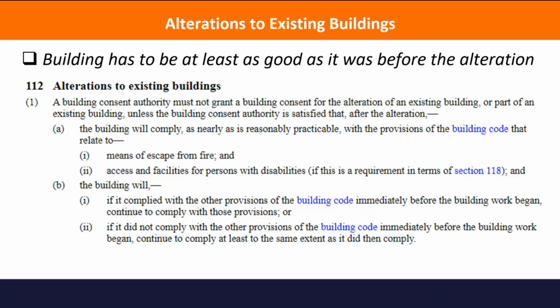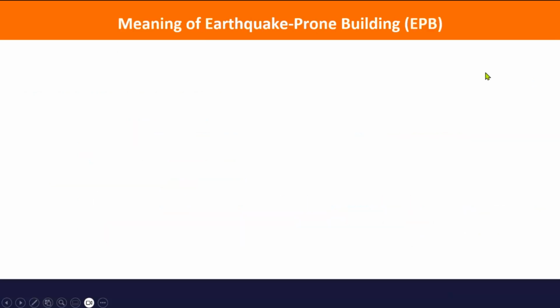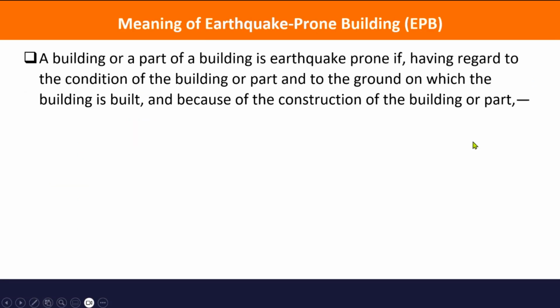There's another fact: if you put new work in it, that's got to comply with the new standard, the latest standard. So what does it mean to be earthquake prone? An EPB is assigned when your building may have issues under an earthquake.